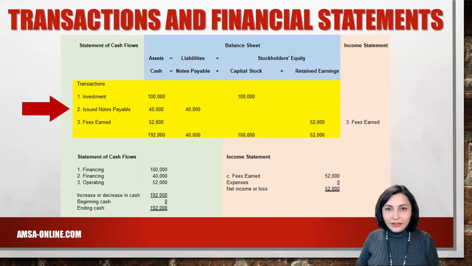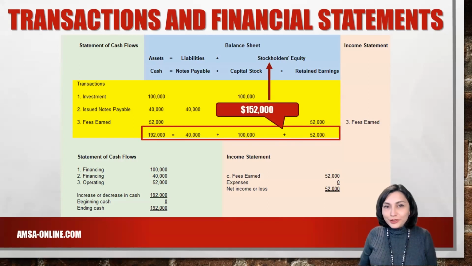We recorded it as an increase in cash and an increase in notes payable, which is a liability account. The totals for all these transactions are $192,000 in assets, $40,000 in liabilities, and $152,000 in stockholders' equity. $152,000 equals $100,000 in capital stock plus $52,000 in retained earnings.